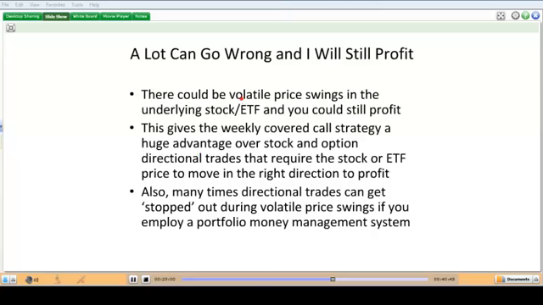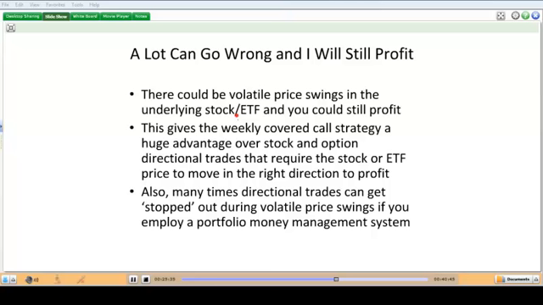So this gives this weekly covered call strategy a huge advantage over stock and option directional trades that require the stock or ETF to move in the right direction in order for you to profit. So whenever you take a directional trade, whether it's a stock or you buy a call option, that has to move in the right direction or you're going to lose money. But with these weekly covered calls, the stock could move against you, and you're still going to have a profit.